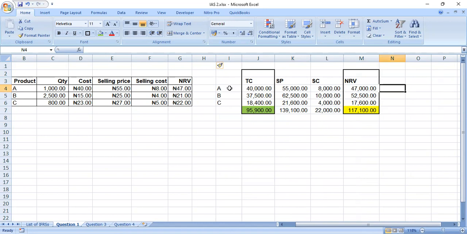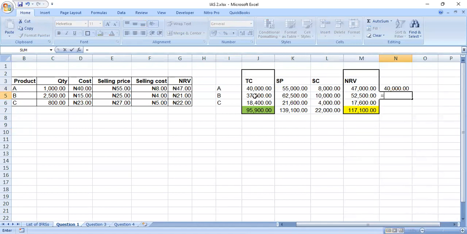If I want to pick this, I will say equals 40 and 47, which is higher and which is lower. 40 is lower than 47. So for product A, the cost is lower than the net realizable value, so I'm going to pick the cost. For product B, the net realizable value is higher than the cost, so I'm going to pick the cost once again.